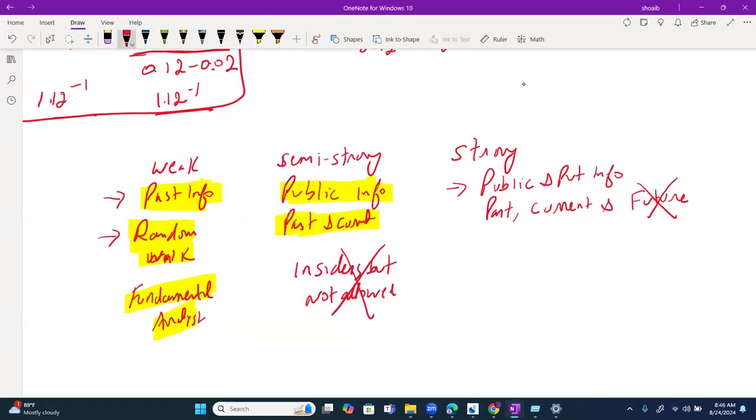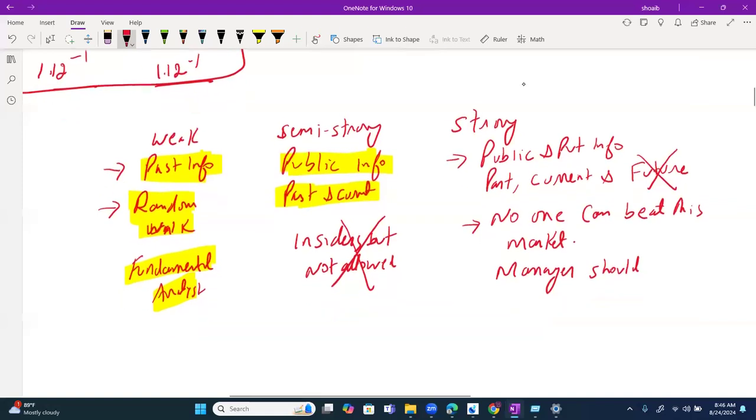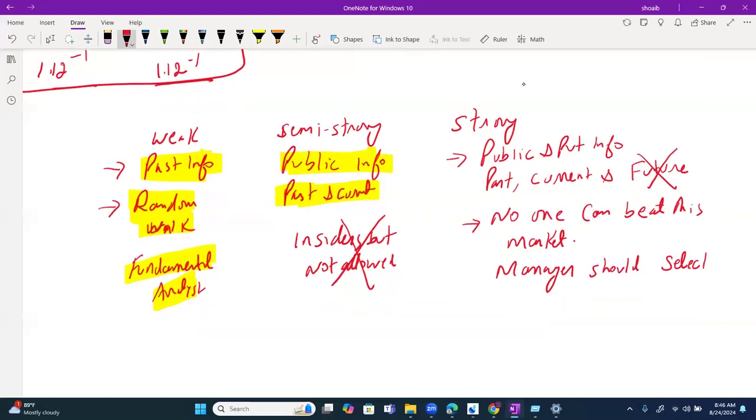Okay, who can work here? No one can beat this market. No one can earn extra profit in this market. So what to do? The manager should select positive NPV projects.